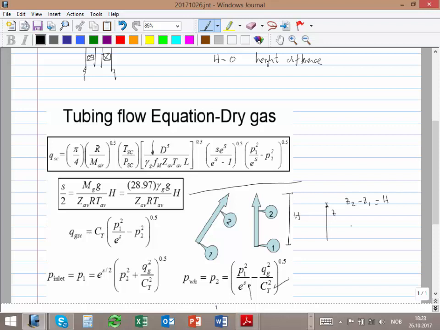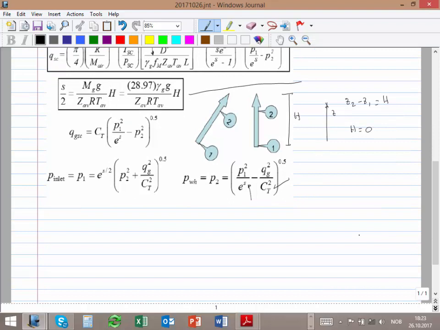That means h is equal to 0, and let's see what effect that has on my equation. If h equals 0, then s also equals 0. You see in the equation here, if h, the height difference, is 0, then this one is also 0.